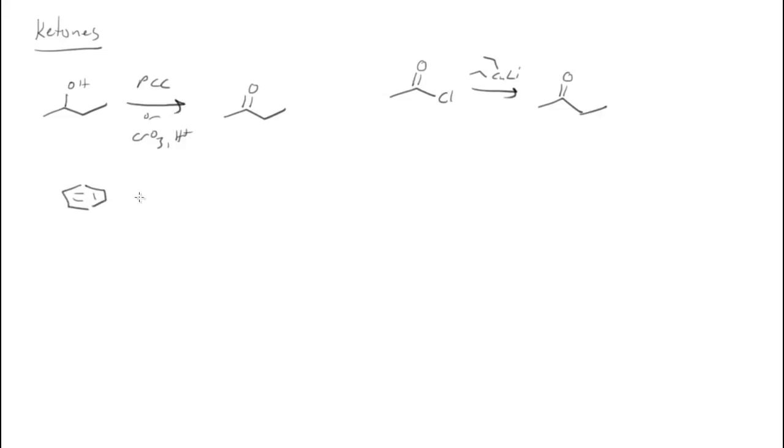We could also do Friedel-Crafts acylation, starting with the acyl halide and aluminum chloride. That will add the acyl group to our aromatic ring, again forming a ketone.